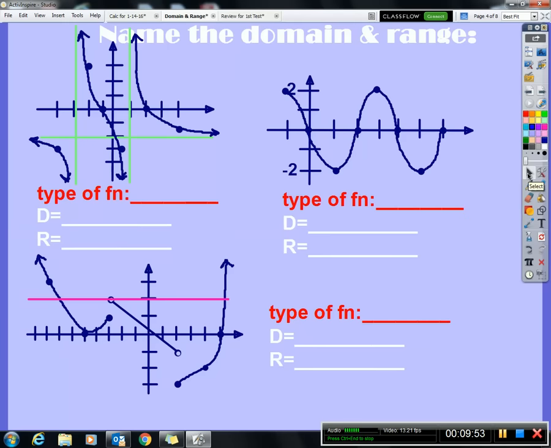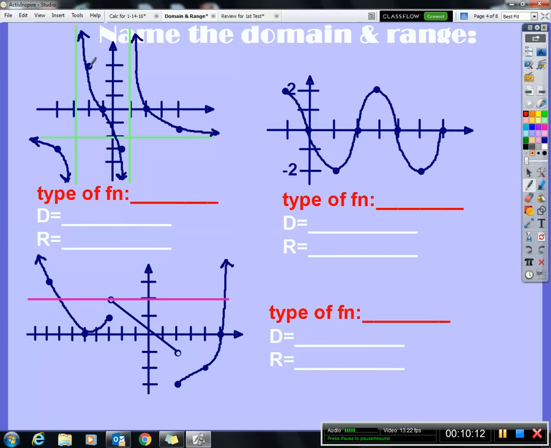Now, before we get started on domain and range, let's again look at families of functions. Do you remember last year the type of function that you graphed that was often in 2 or 3 or maybe 4 different sections like this one is?